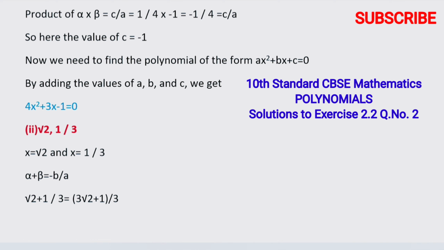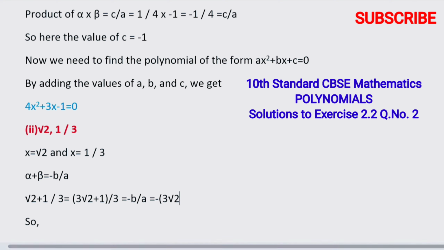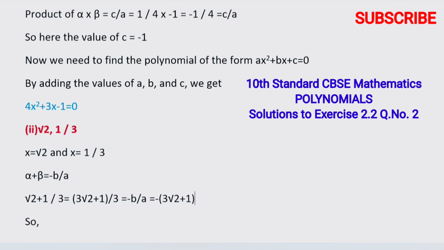Then I'm taking it as minus b by a. Here, minus b equals 3 into square root of 2 plus 1, divided by 3.